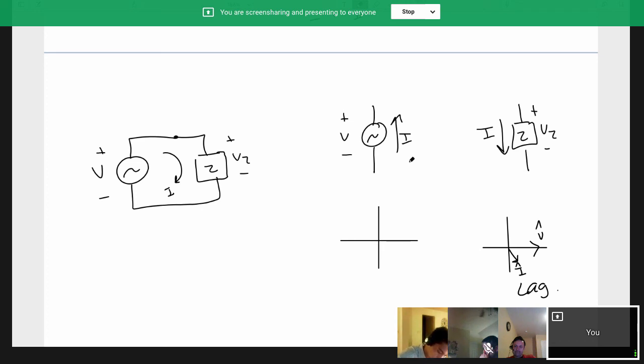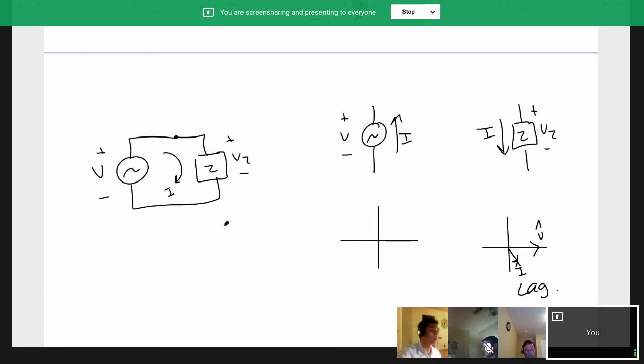Since this is a series circuit, our current is equal, isn't it? Right over here, we have the same current circling in the same direction in that loop. Right?